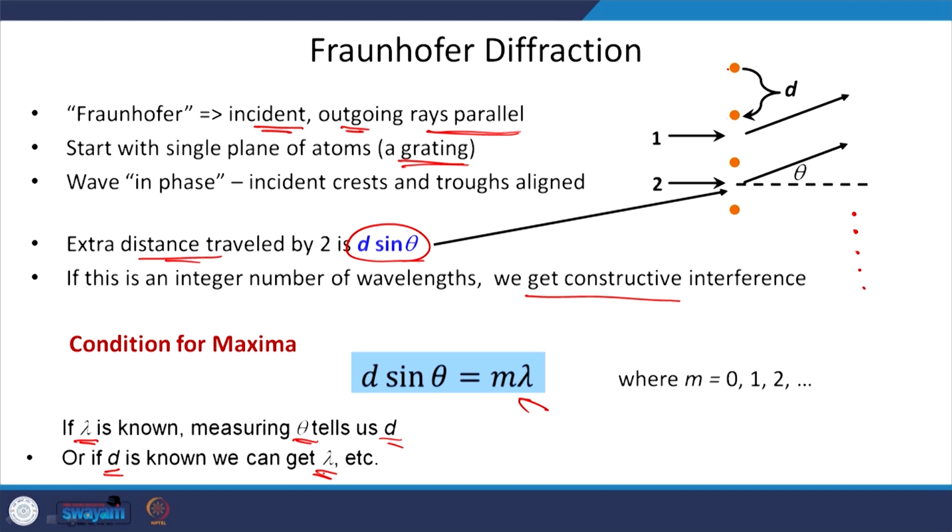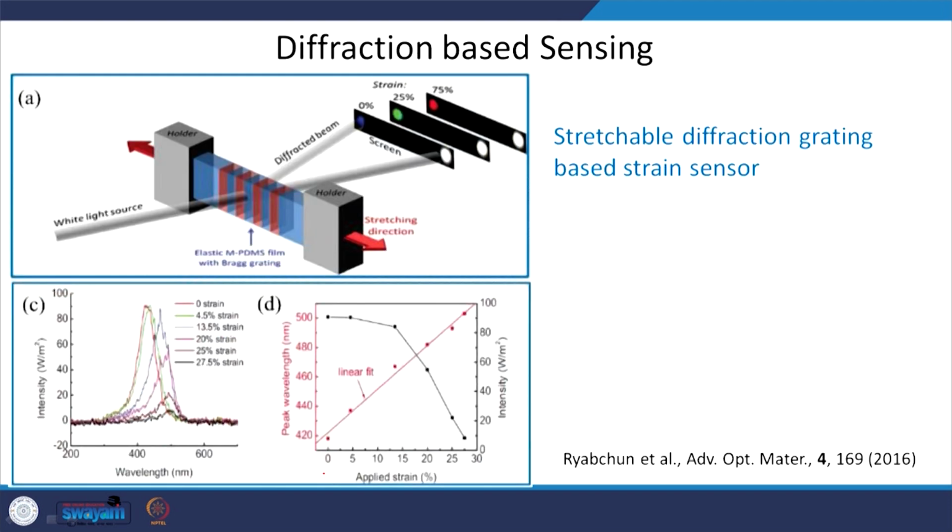So, let us take this example where there is an elastic grating. It has a periodic variation of refractive indices which is shown here by different colors, the red one and the blue one, and then a white light beam is incident on this grating. What will happen? So, you will have a diffracted beam on a certain screen, and then it will be a function of stretching.